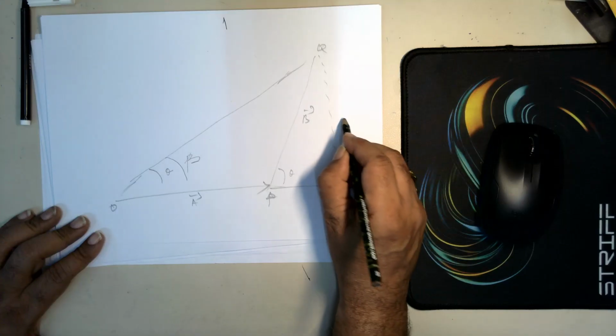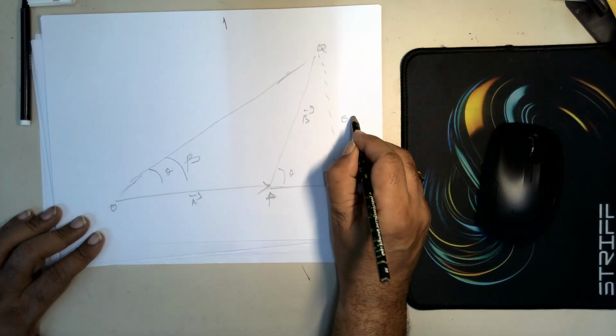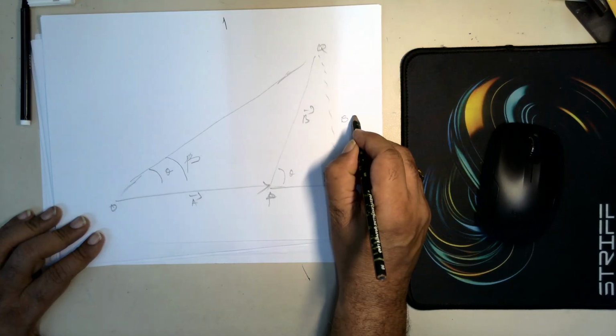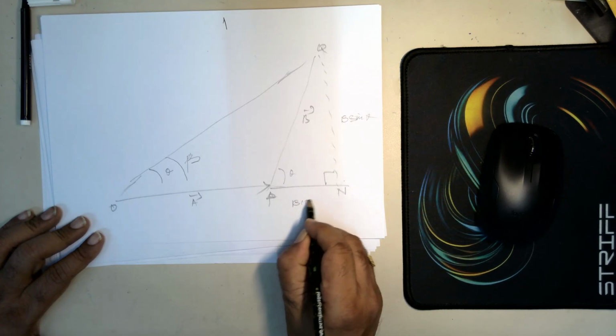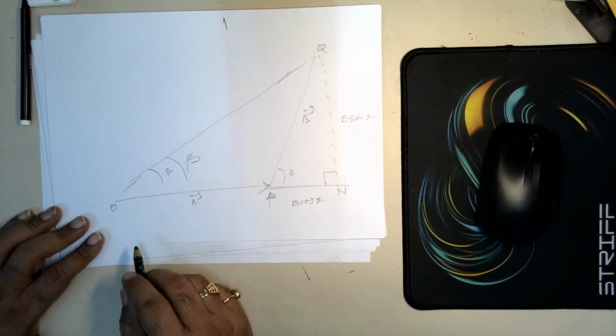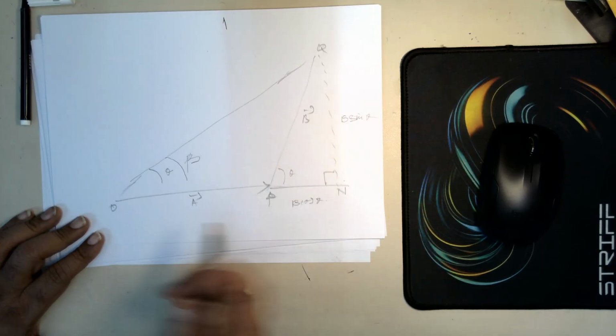So what is this? This is B. Is it cos theta or sin theta? Sin theta: B sin theta. And what about this? B cos theta. We have to consider only the magnitude here.